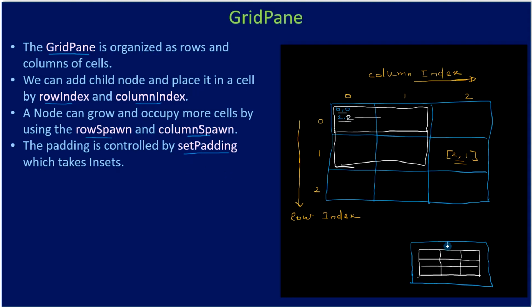That means you can specify the margin by specifying the insets. And if you see here, the insets are specified as 5, 10, 10, 10 like that. So you can specify the margin using the insets, then you can give that insets to the setPadding method.